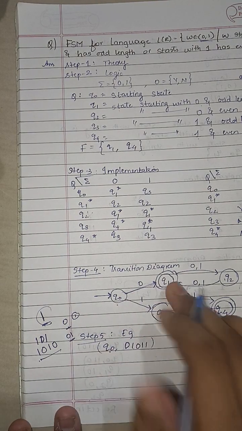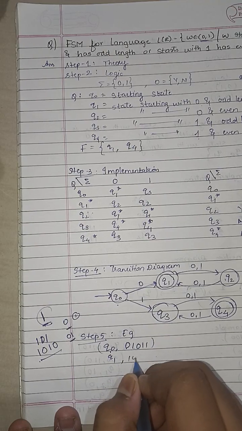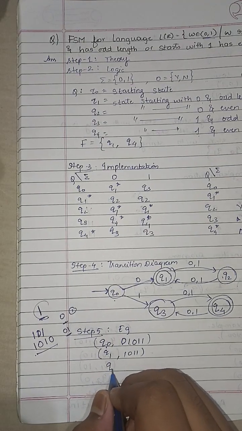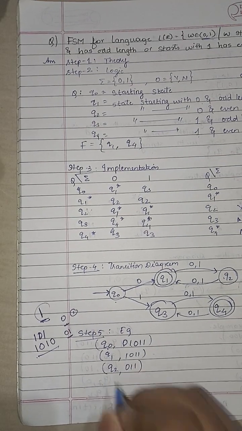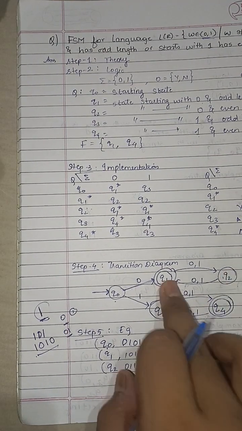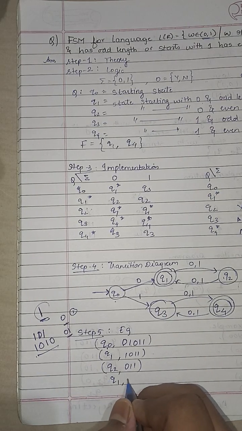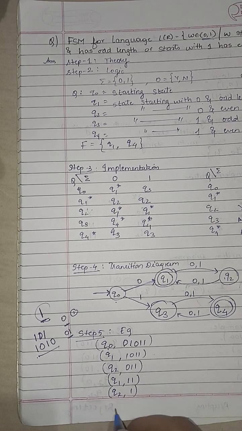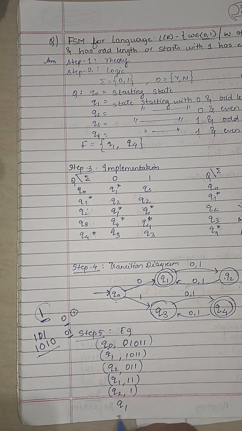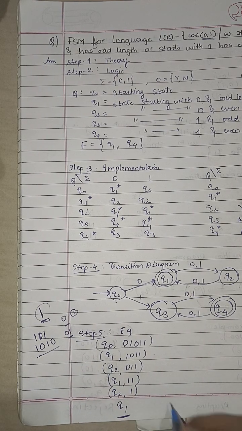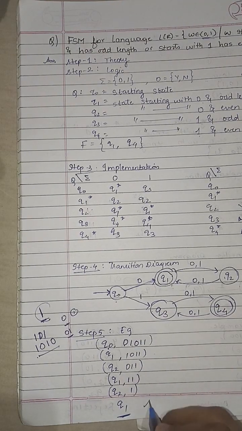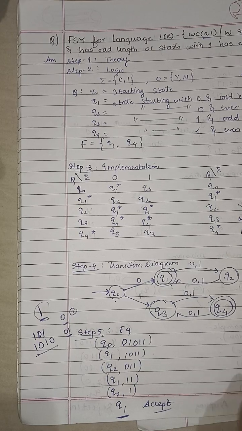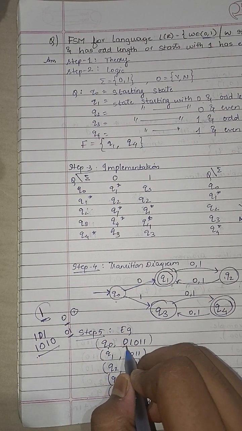Q0 goes to Q1 on 0. Q1 getting 1 goes to Q2. Q2 getting 0 comes again to Q1, then 1, 1. Again it goes to Q2, and then Q1. Since our final answer is coming in Q1 state and Q1 is our final state, we have to accept it. Okay, that was an example starting with 0 and odd length.